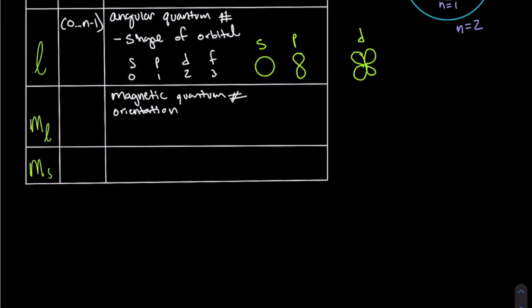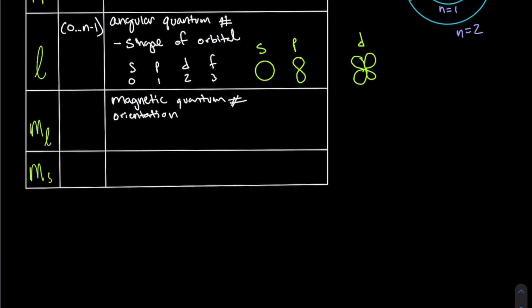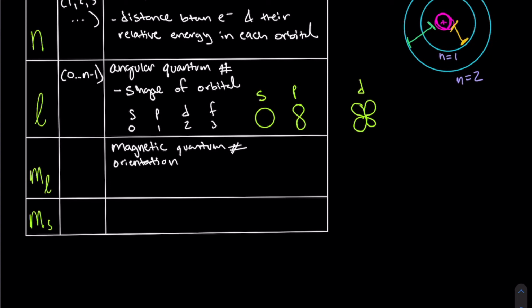So, for example, if you have an L value that corresponds to P, you can have values of negative L to positive L. So for the P orbital, you're going to have values of negative 1, 0, and 1. And they can correspond to different orientations.